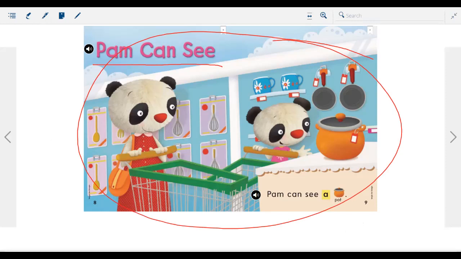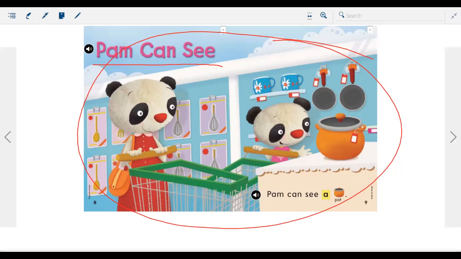So look at the illustration or the picture. Where are they? Look at the clues. And who is this story going to be about? So I want you to read with me, okay? We're going to point to each word and we're going to read it together. I want you to sound out the decodable words and I want you to say the sight words.